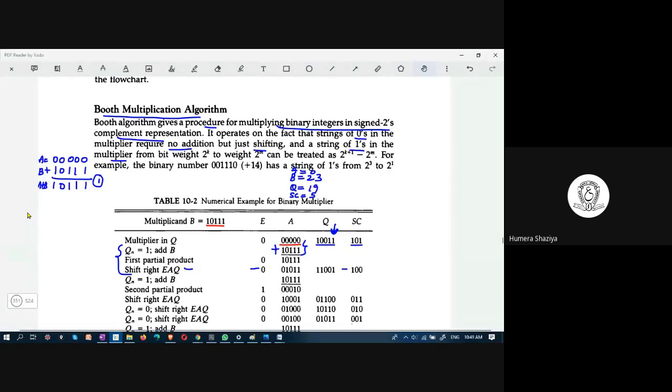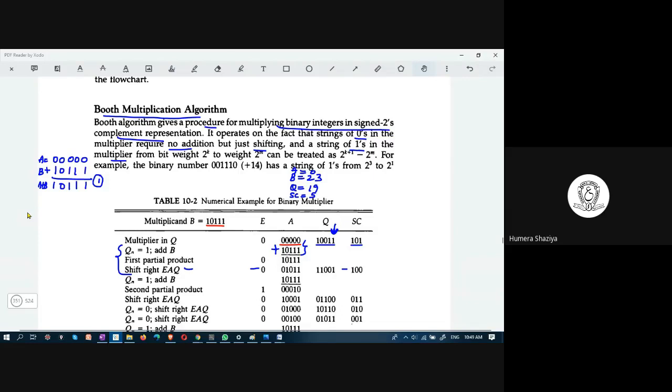This is an equation. What it says is, for zeros do nothing, for ones shift it. How to shift it? 2 power k would become 2 power k plus 1 and 2 power k plus 2 and so on. And finally, you can treat the numbers as 2 power k plus 1 minus 2 power m.